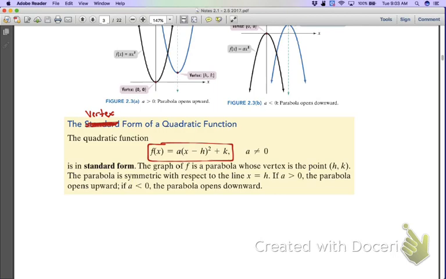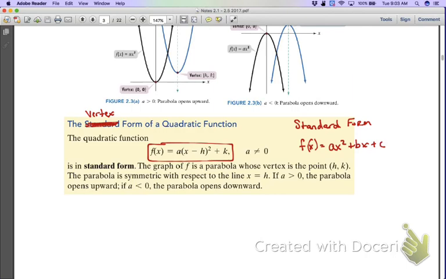Standard form is, or at least what I call standard form, and what I've always seen as standard form, is f of x equals ax squared plus bx plus c.